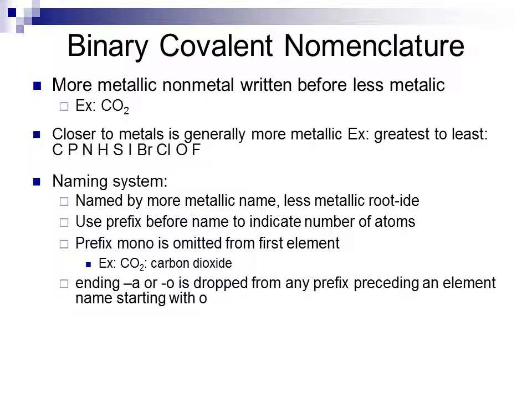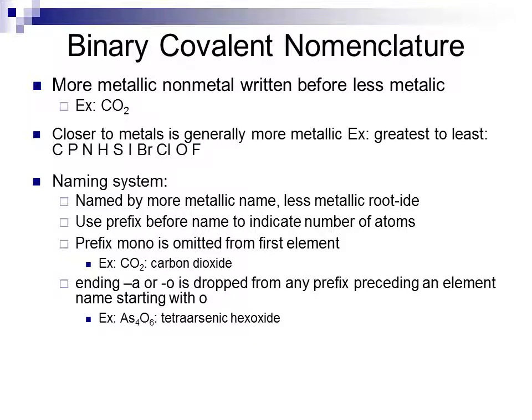If the name of the prefix ends with either an A or an O, it is dropped preceding an element whose name starts with O. So generally this will just be oxygen. The example of this, As4O6, is tetraarsenic hexoxide.